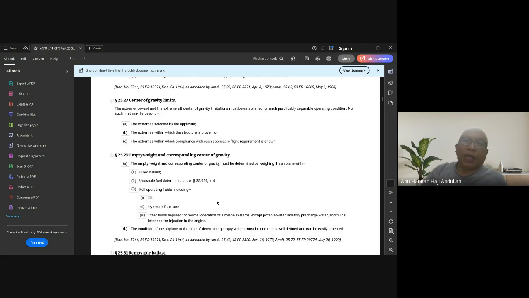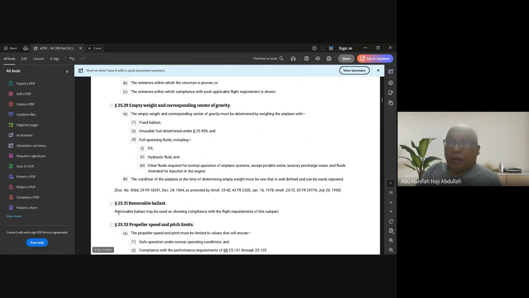We need that because it is the basis to calculate in future when you add or remove weight in the aircraft, in operation, in service, or in modification or repair. The empty weight will be used to calculate the new CG, and to check, for a new design, what the sizes of the control surfaces will be and where their location is. For modification and repair, you should maintain within the level designed by the type certificate holder, the OEM.